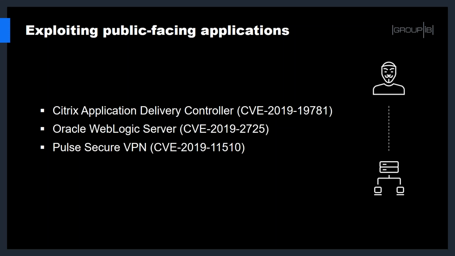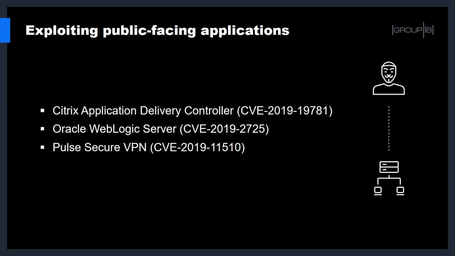So next, exploiting public-facing applications. I think if you are doing incident response like me, I'm sure you've seen and heard every vulnerability that is presented on the slides, especially the Pulse Secure VPN vulnerability.